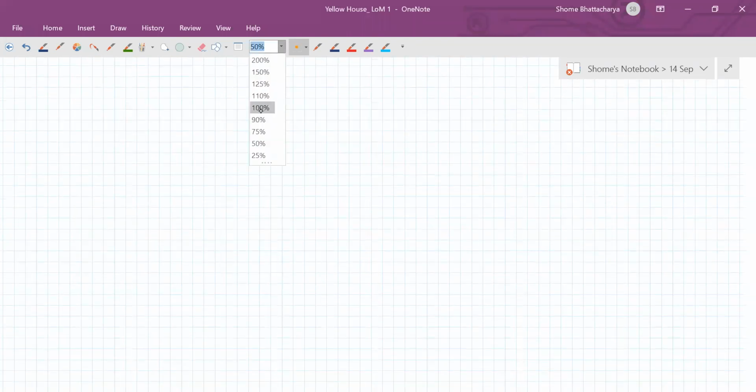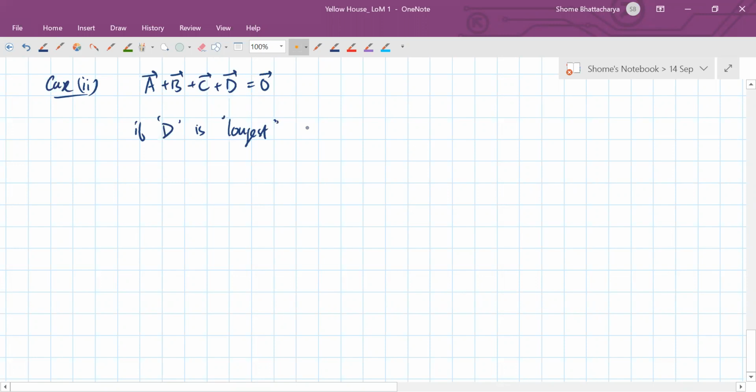Four and more vectors. Okay. Now let us see. If A plus B plus C plus D is equal to 0. Okay. In this, if D is the longest of the four, and the magnitude of D is equal to A plus B plus C, then again your vector diagram must be looking like this.